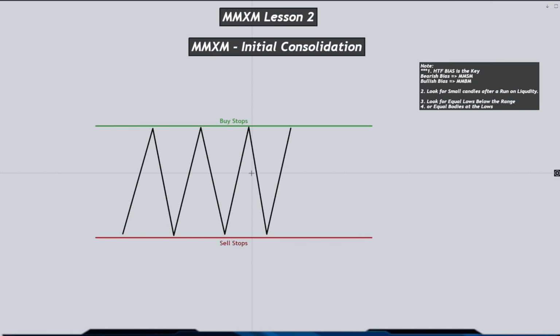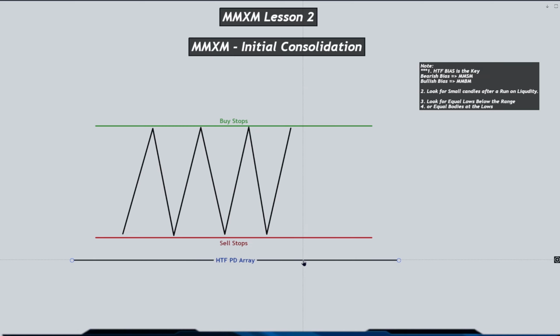That's the consolidation. Now what we look for after a consolidation is a variation that can happen inside of the consolidation. If you find any higher time frame point of interest near your sell stops, let's say a higher time frame PD array, that can be a fair value gap, order block, breaker block, inversion fair value gap, whatever you have mastered, sitting right below the sell stop, the setup for the market maker model becomes very high probability from that area.